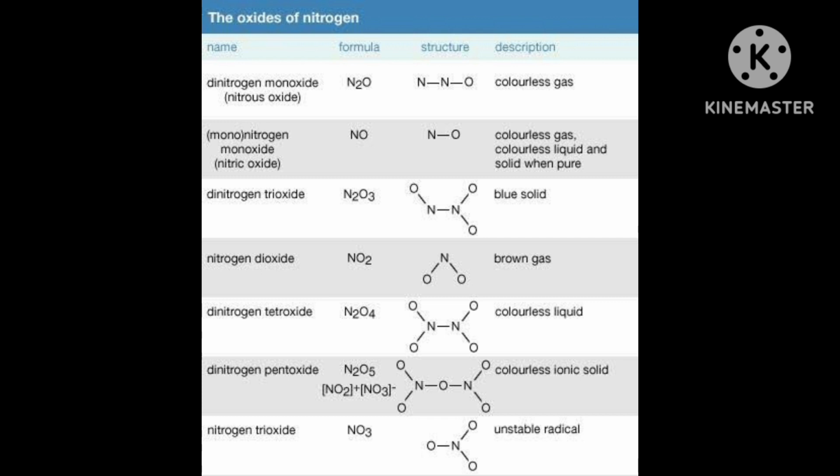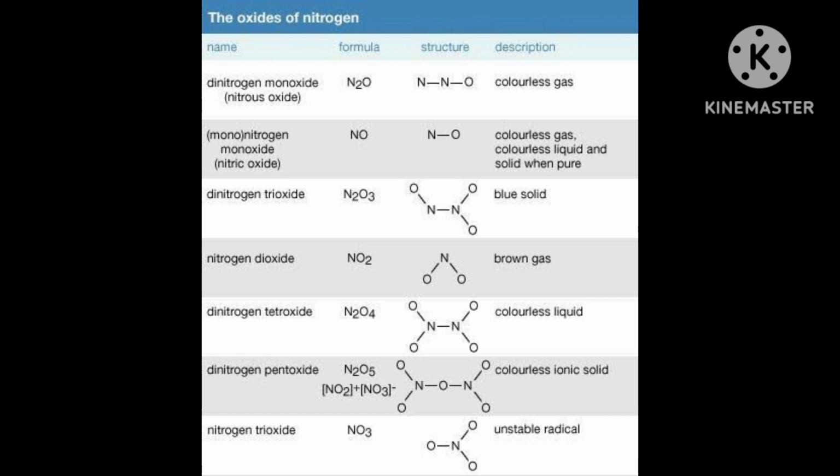And how is it prepared? It is prepared from sodium nitrite, ferrous sulfate and H2SO4. Three things are required to get the NO gas, nitric oxide: NaNO2 plus FeSO4 plus H2SO4.